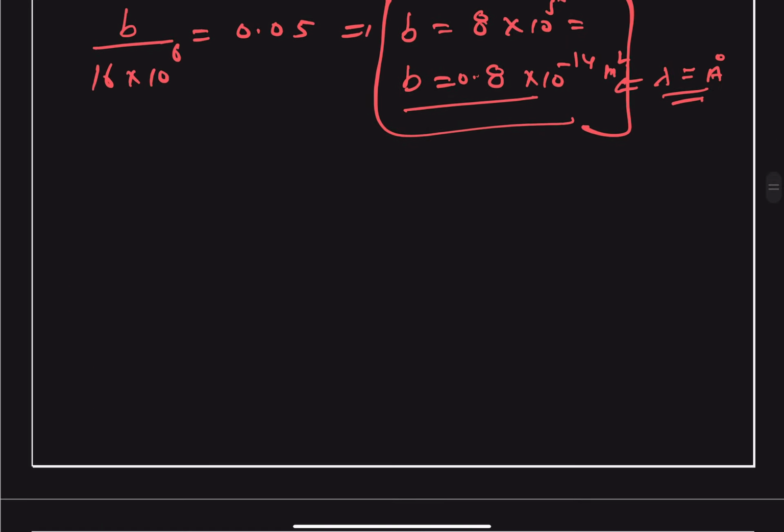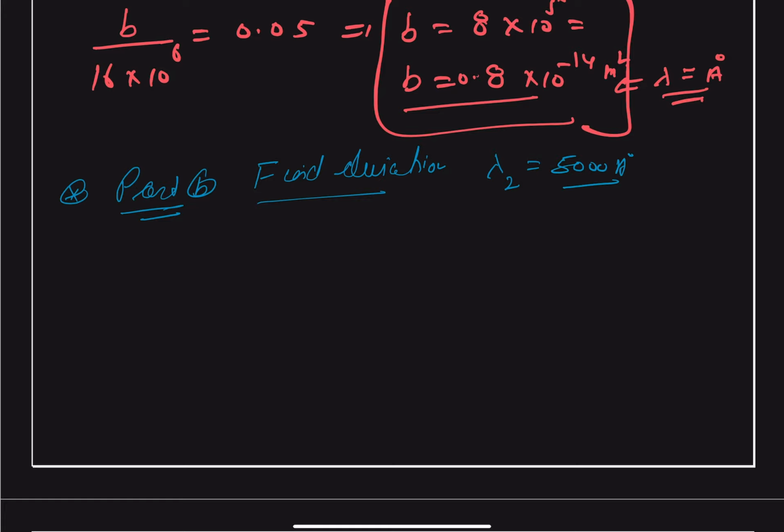The second part we have to do for part b, and part b is find deviation. Deviation is for lambda equal to 5000, that is our Q, that is our lambda 2, which is 5000 angstrom.